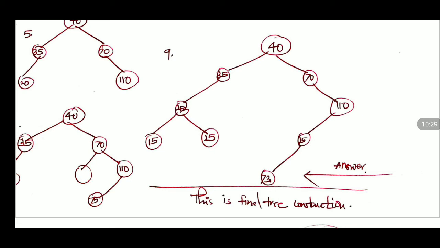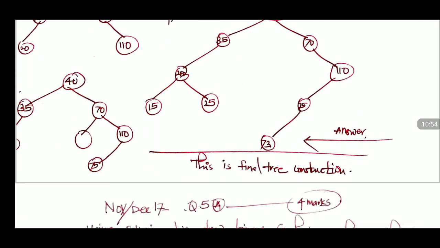In left part there is a 75, we'll compare 73 with 75, then 73 is less than 75, so we are making entry of 73 into left part of 75, and this is the final construction of a binary search tree from a given data.